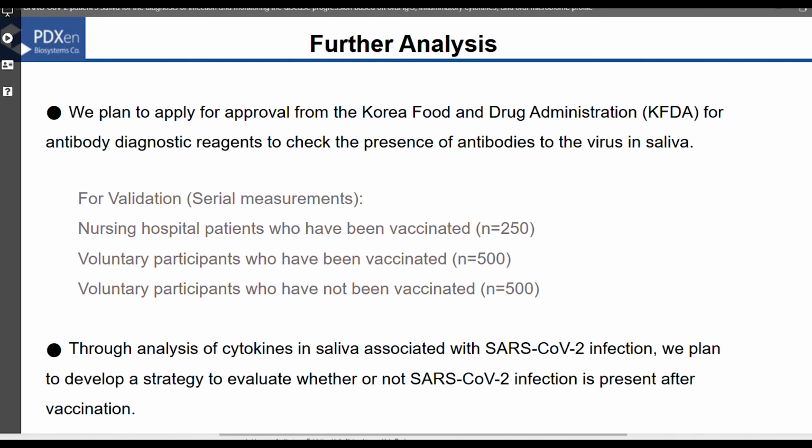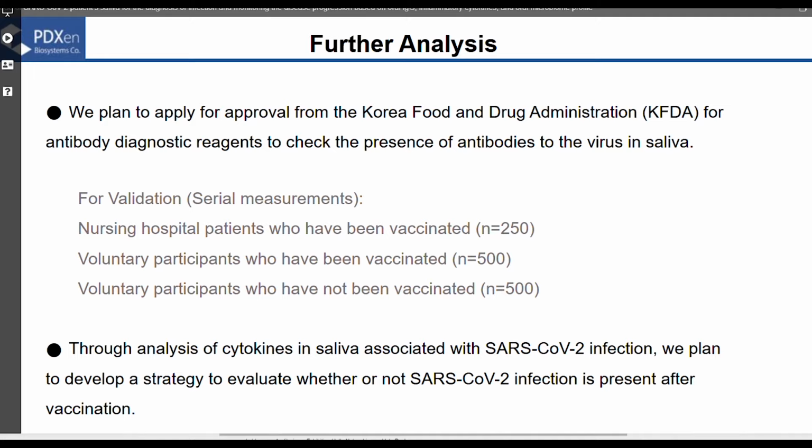This is very important: the validation and the serial measurement. In the nursing hospital, we collected 250 samples, actually more than 250. If we check serially, we might be testing 1,000.